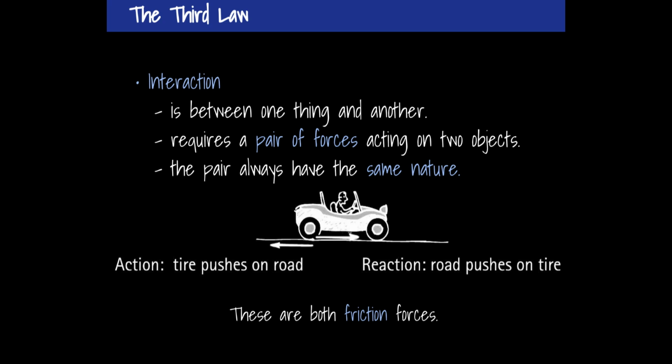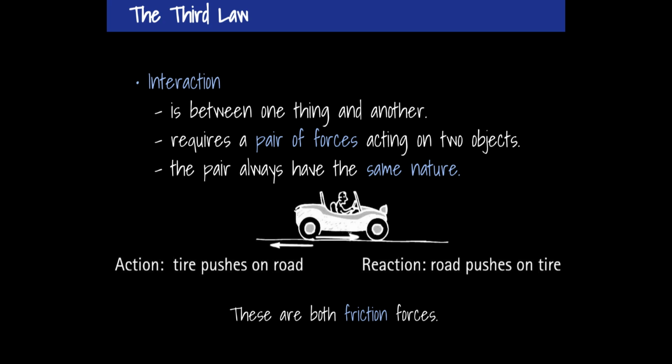For example, here is a car, and I'll imagine that the car is accelerating to the right. What makes the car accelerate? Well, you might say the engine, and you'd be right, because of course without an engine the car will not accelerate to the right as shown in the diagram. But really what happens is that the engine regulates a combustion process that causes rotation to a transmission along a shaft that then goes to a differential, which then turns the wheel, and the wheel is in contact with the road.